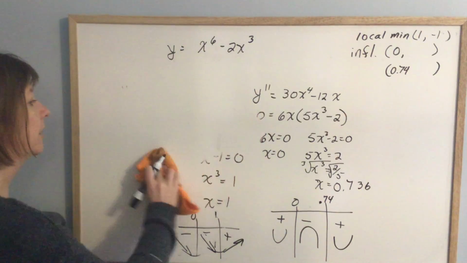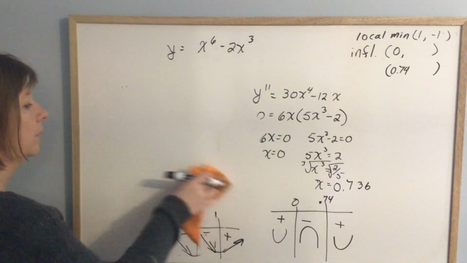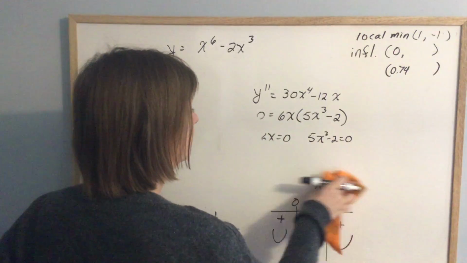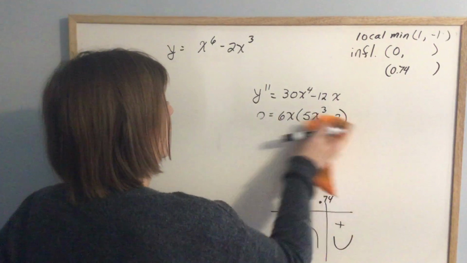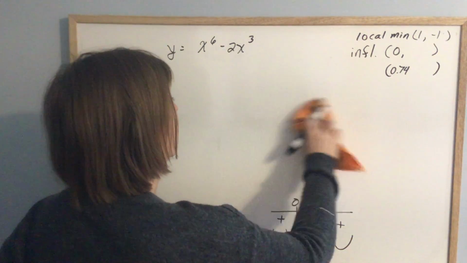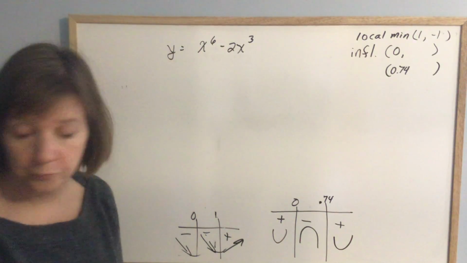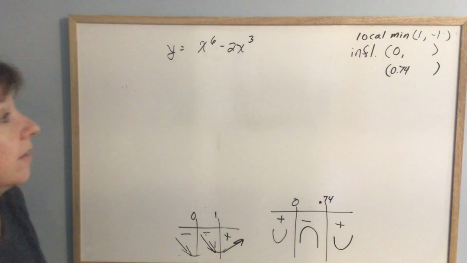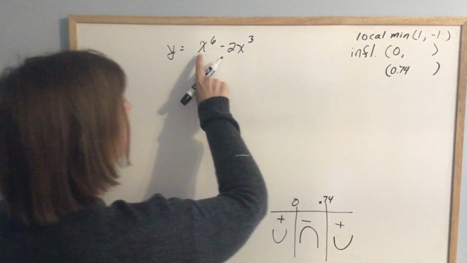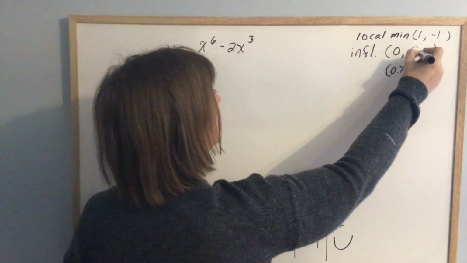All right, I'm going to leave up some of this information. I'm going to leave up my 2 little tables that I made because those are helpful. And I'm going to figure out my points of inflection. So if x is 0, that's 0.